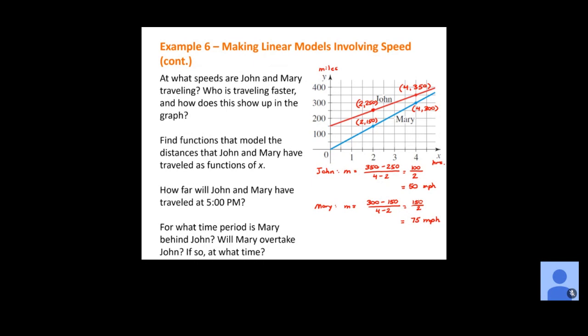Now we actually want to find the functions for each one of these lines that would model how far each of them has traveled, right? So let's start with John in this case. Let's see if we can come up with a function to actually model his distance traveled over time now.